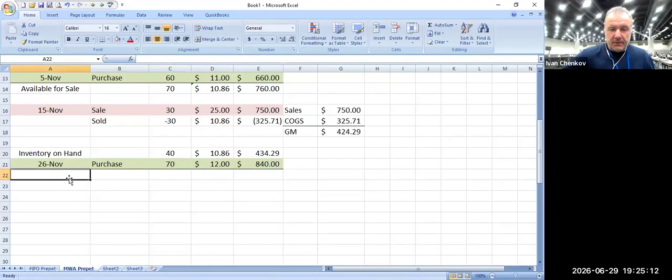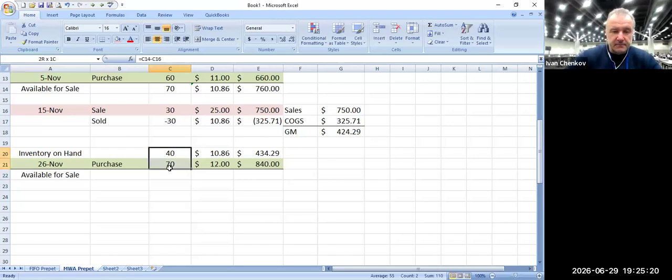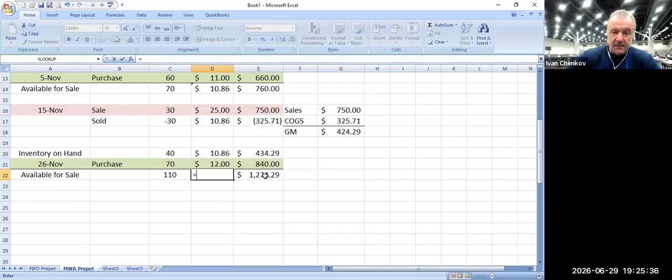Okay, now let's see how many we have available for sale. And we have available for sale 110 units, which comes with the cost of 1,274.29. At this point, I can calculate again my weighted average.